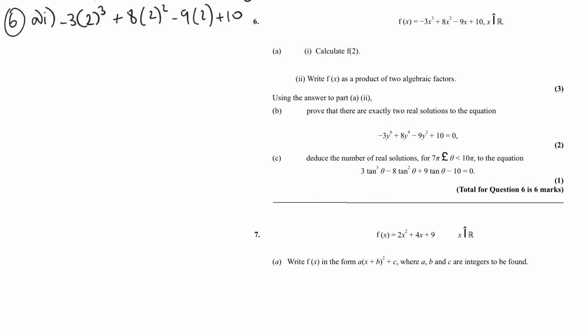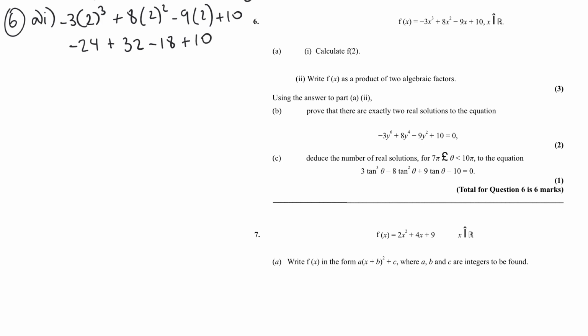Alright, so 2 cubed is 8 times minus 3, which is minus 24. And then 2 squared is 4 times 8, which is 32. And then 9 times 2 is 18. And then plus the 10.